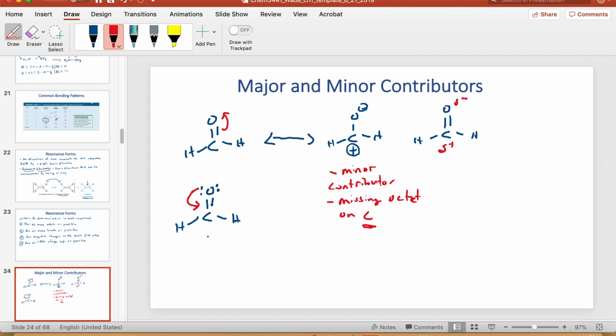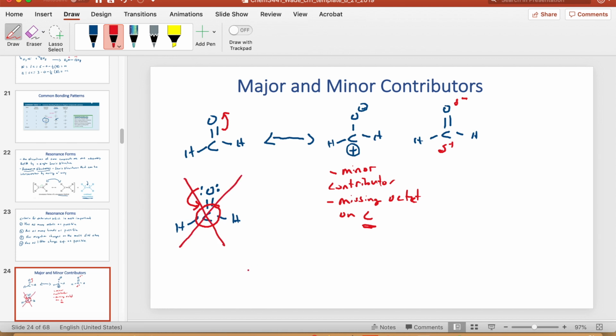The answer lies in that there is no space on this carbon to hold another bond. This would be implying that now you would have 3 bonds on the oxygen and 5 bonds on the carbon. That is impossible. Carbon can only have 4 bonds, so there's no place for that to go. So drawing a resonance structure in this case from this one like this is absolutely out of the question.